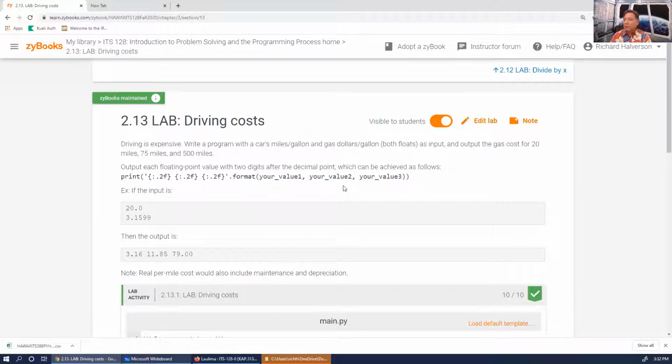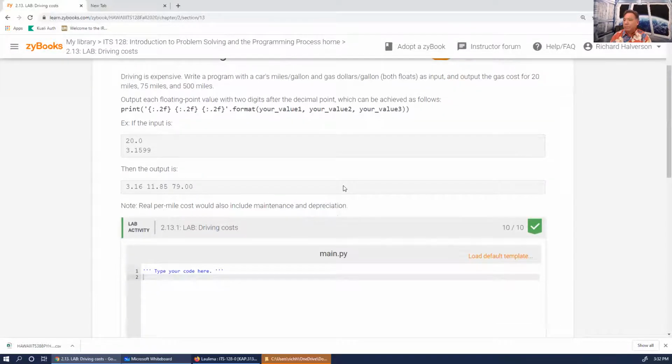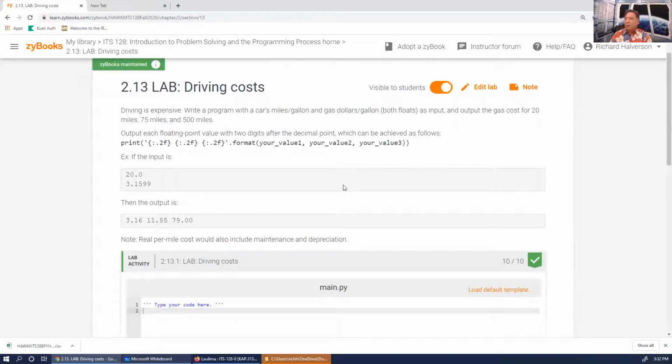Oh, this one. Okay. So you're supposed to input the car's mileage, the number of miles per gallon that the car gets, and then the cost of a gallon of gas.